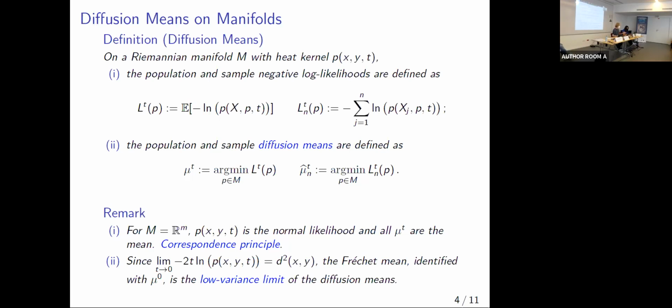And we can take the limit for t going to 0 then. And it turns out that this negative log likelihood actually converges to the square of the distance. So we recover the Fréchet mean as the diffusion mean for diffusivity 0. So in a sense, the extreme low variance limit of the diffusion mean, okay? So this is also kind of nice.